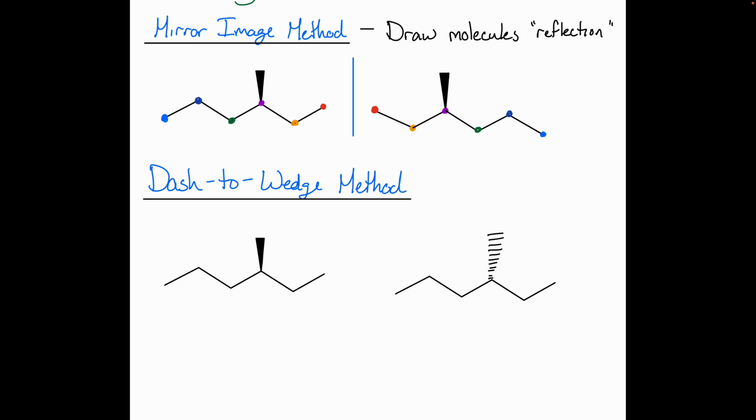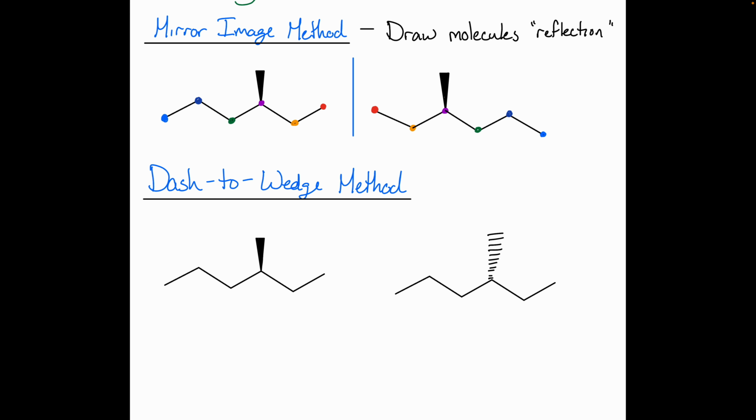All right, let's take a second to convince ourselves that this works by looking at a model kit. All right, I put a green marble on there so we could see these bonds a little bit easier.